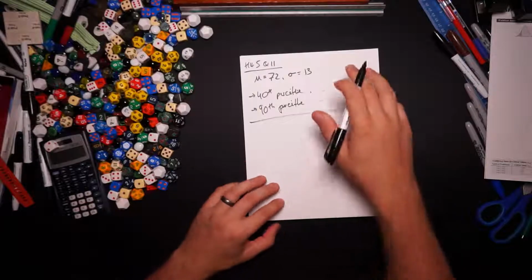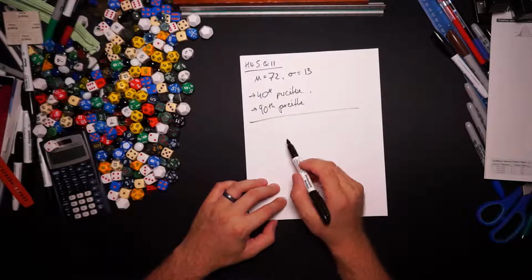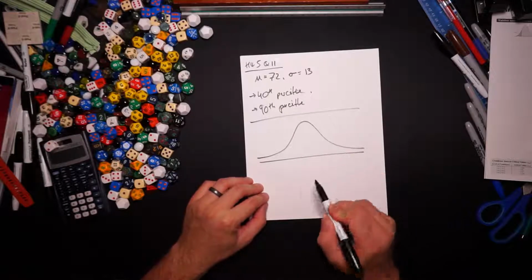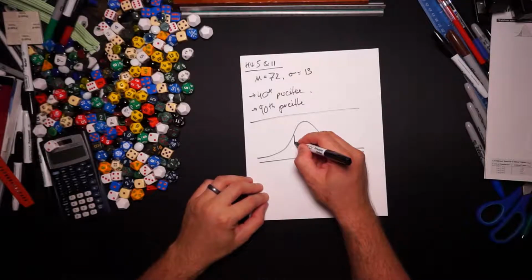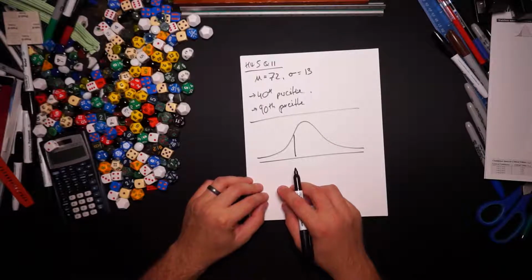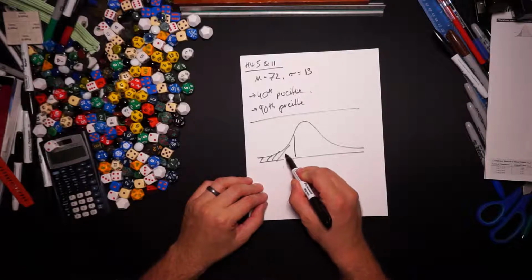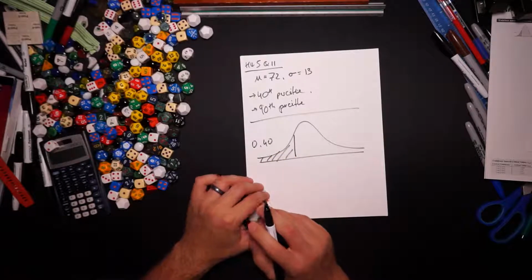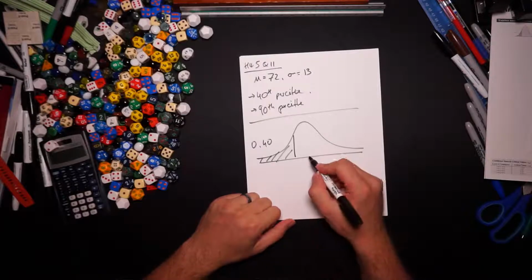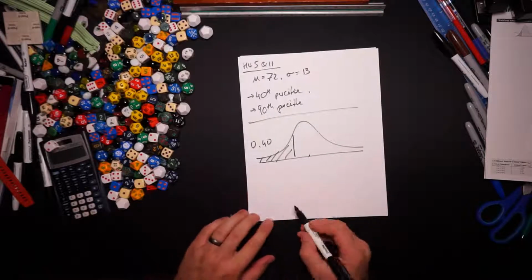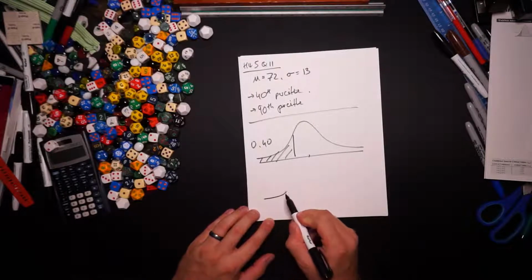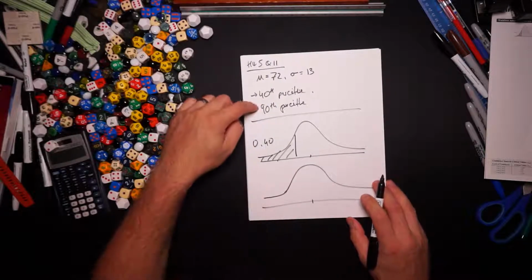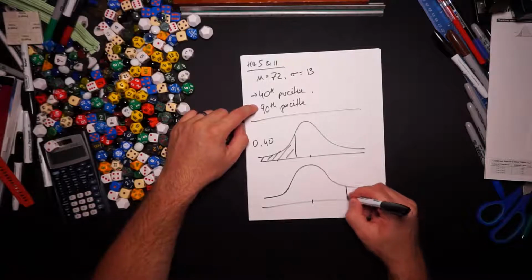So this is kind of a step. All right, so first one, 40th percentile. What does it mean, 40th percentile? Well, it means your bottom 40%. You cut off the bottom 40%. And the other one is the 90th percentile, which means bottom 90%.